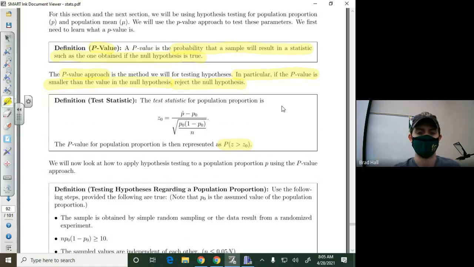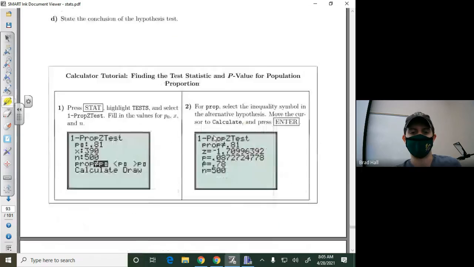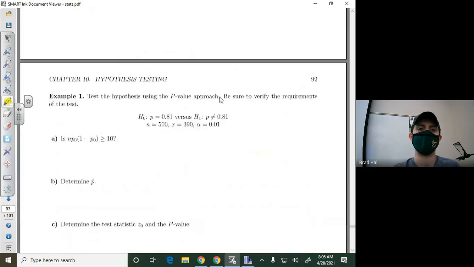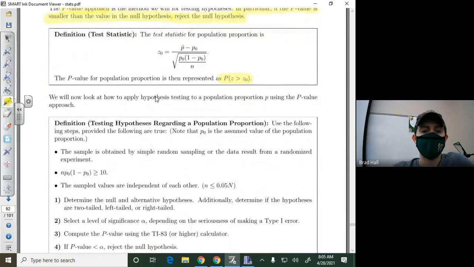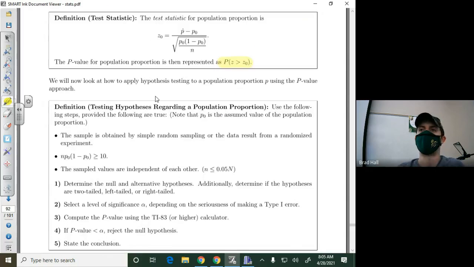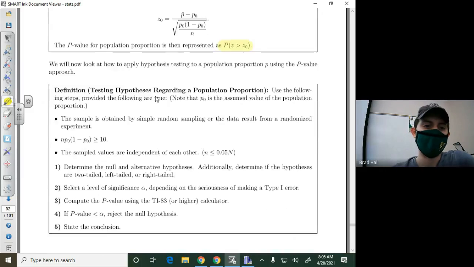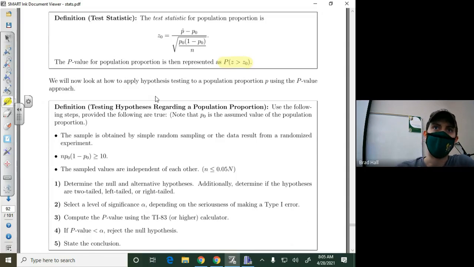As we'll see, you might be able to see later on in the notes if you have the notes printed out. But more so, we're going to talk about the step-by-step process on how to apply the testing hypothesis towards a population proportion. And so to even use a hypothesis test on a proportion, three things have to be true.